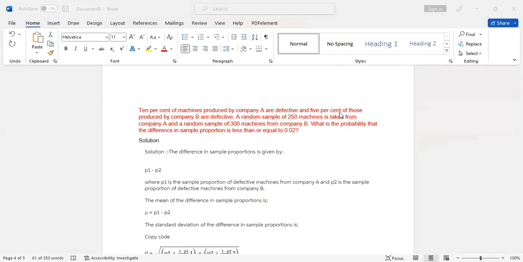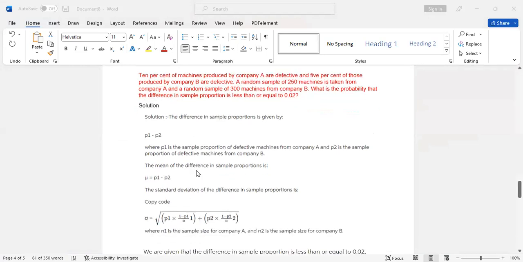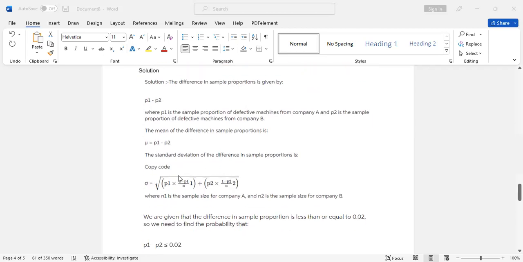A random sample of 250 machines is taken from company A and a random sample of 300 from machine B. What is the probability that the difference in sample proportions is less than or equal to 0.02?